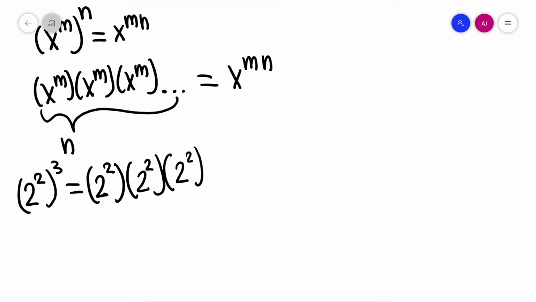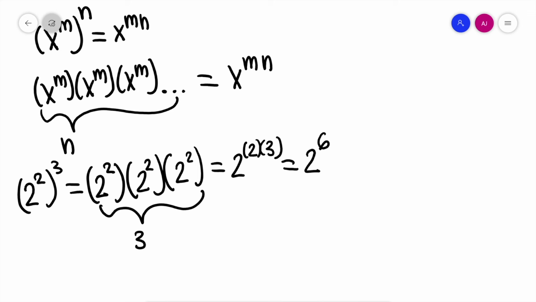Based on how we did the product of powers, it's just multiplying, so you get 2 to the 2 times 3, which is just 2 to the 6.